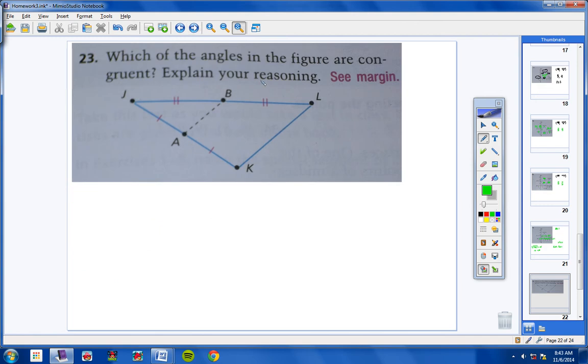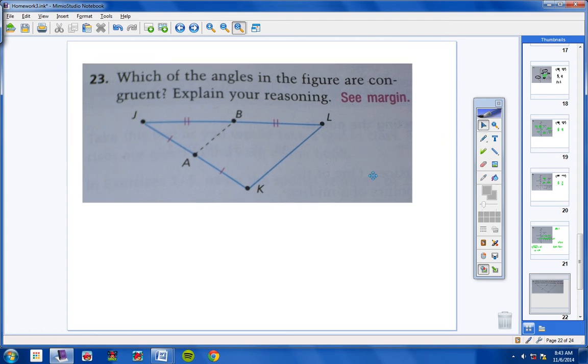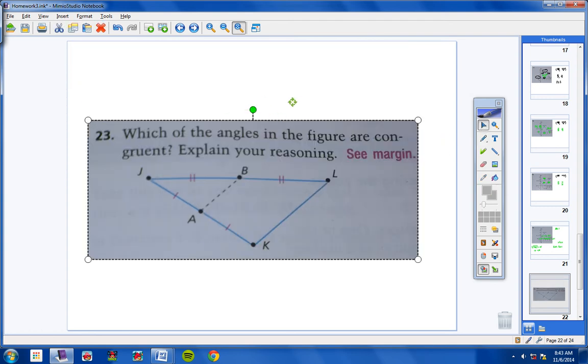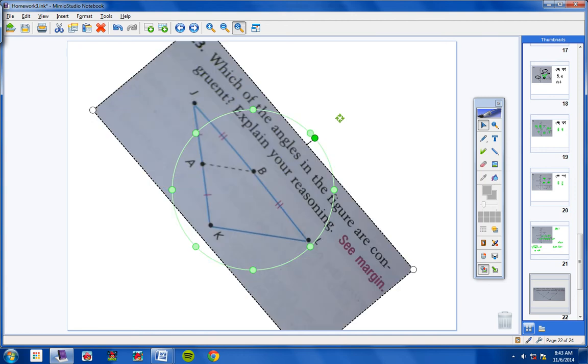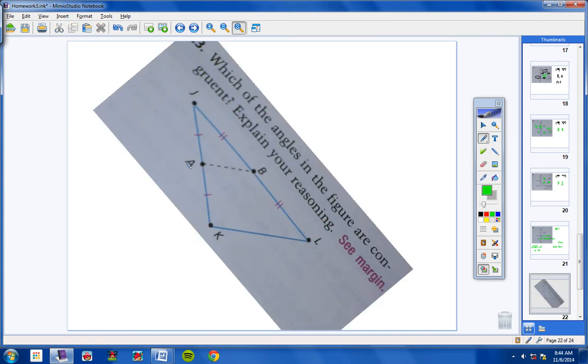Okay, number 23. Which of the angles are congruent in this figure? Well, guys, I'm going to take this real quick and turn it like this. There we go. Now look what we have, guys. Remember, this was a mid-segment. Well, first of all, notice the segment here is congruent to the segment here. So this is a midpoint.